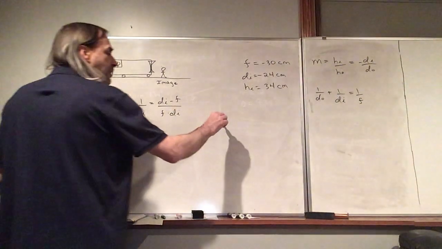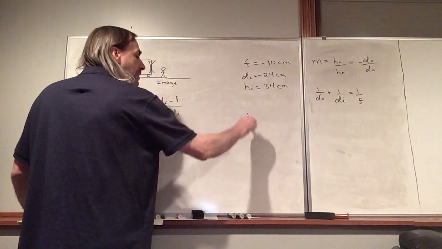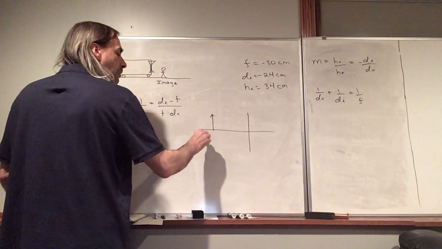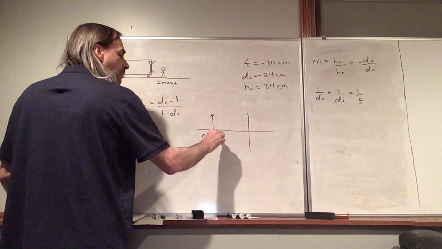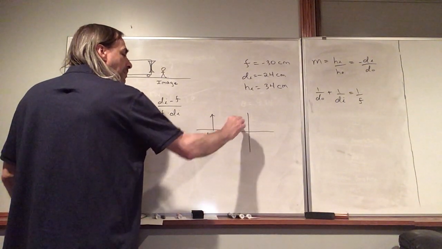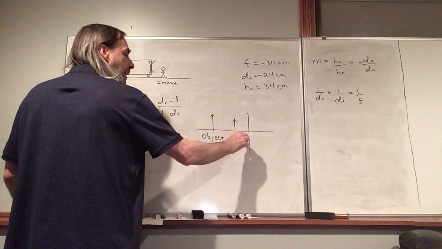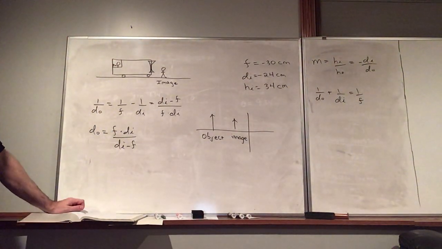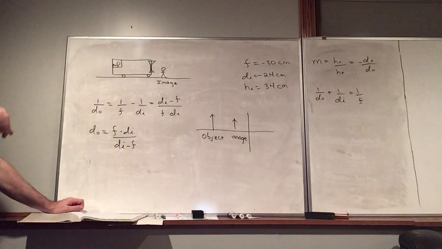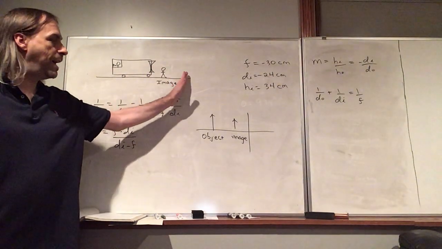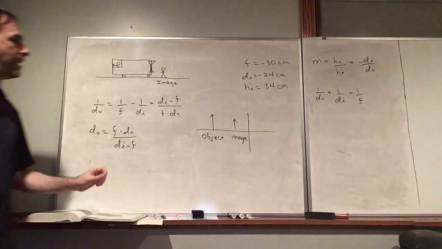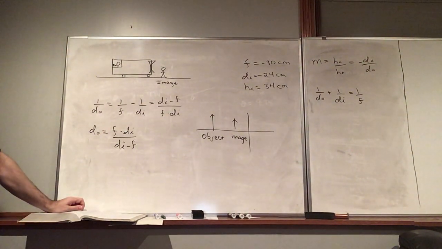This would be comparable to your lens here, your object here, and say the image occurs on the same side as the object. If that occurs, then DI would be negative. And basically that's what we have over here, just looking at it from the other direction, because the object and image are on the same side.